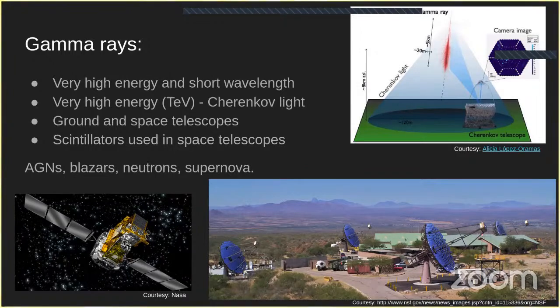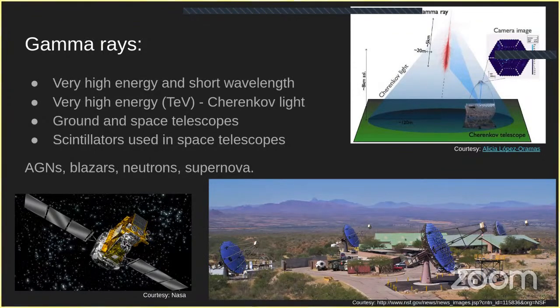So how do we detect gamma rays? Gamma rays, even though it's an electromagnetic radiation, do not behave like a normal visible region radiation. Because of their very high energy and very short wavelength, you cannot reflect gamma rays with a mirror.